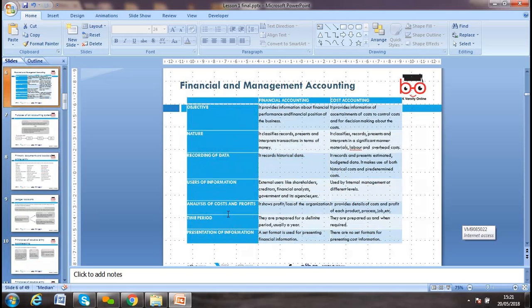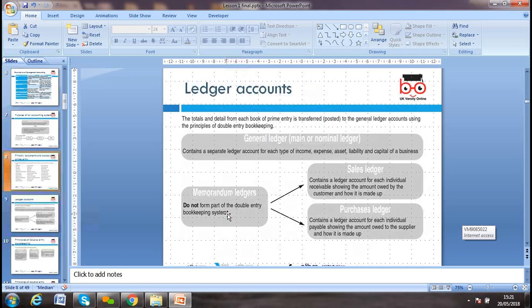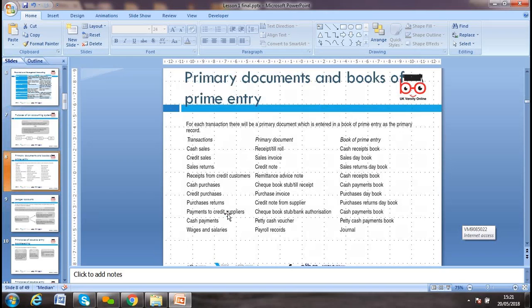Okay, so financial accounting and cost accounting. Management and cost accounting are also internal, and these are the purposes like we discussed. The user of the financial statements is normally external. Next, the primary document that provides us the financial information.